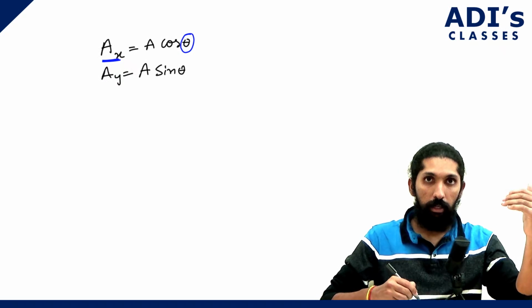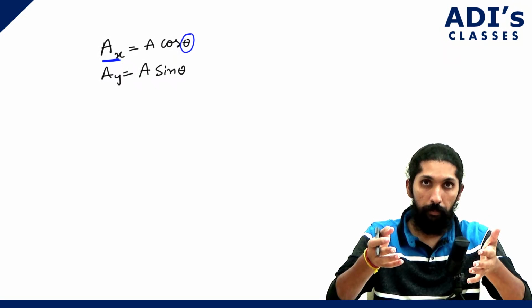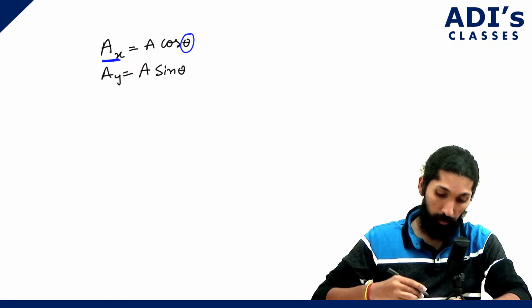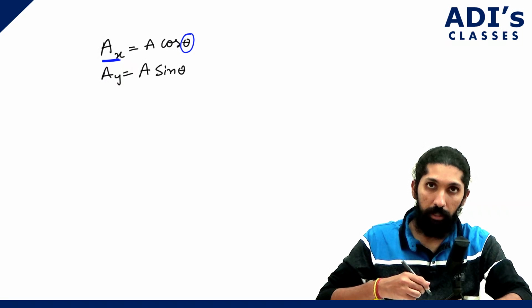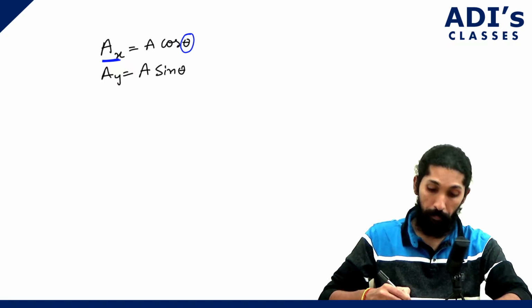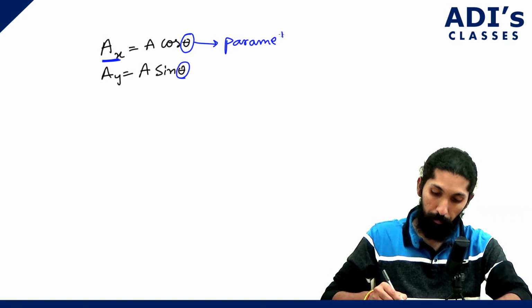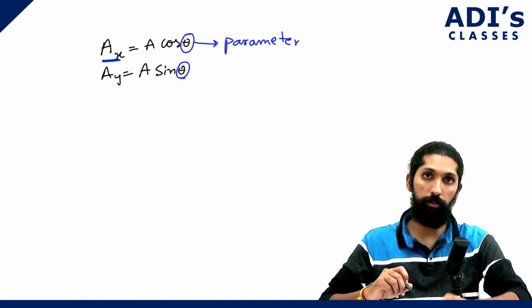In the sense, there is some other variable, some other parameter, which is defining the function. AX, being a vector component, is defined by another parameter, which we call theta. So here, theta becomes the parameter.